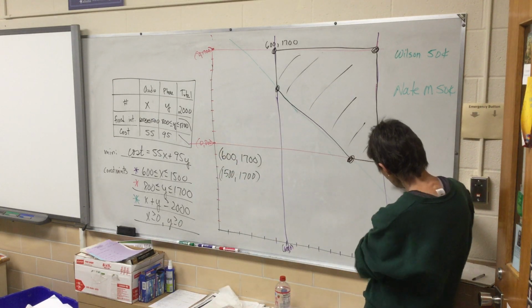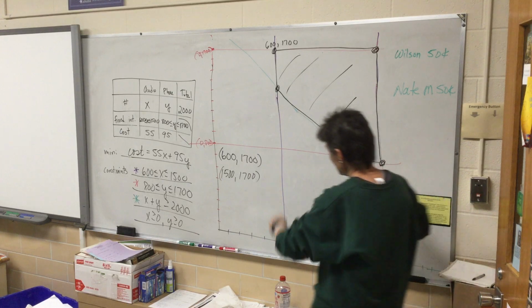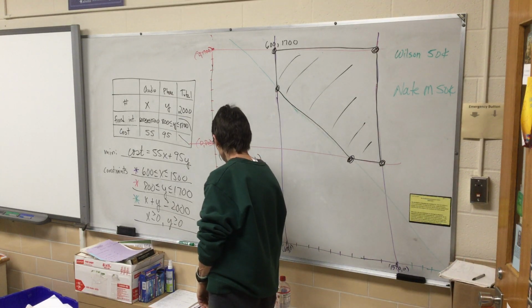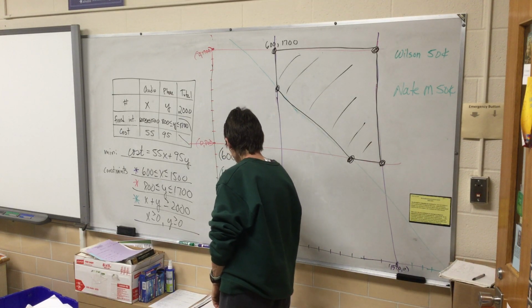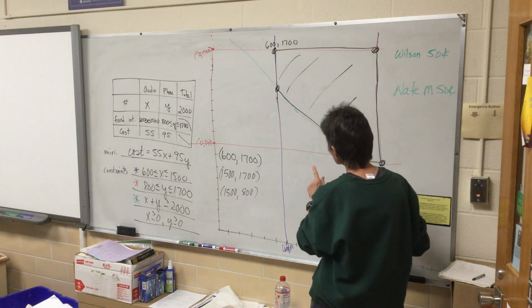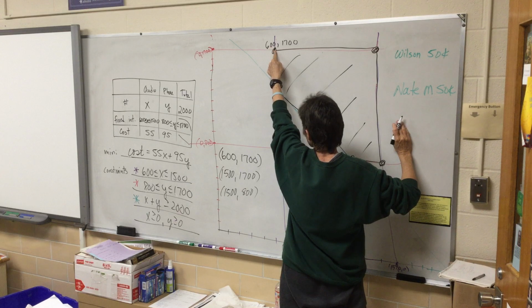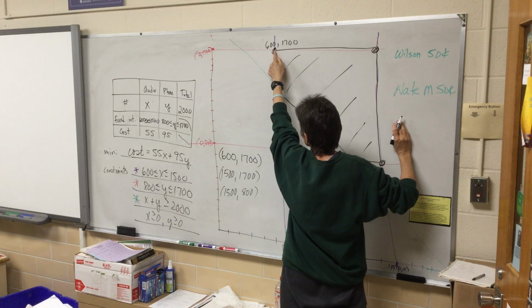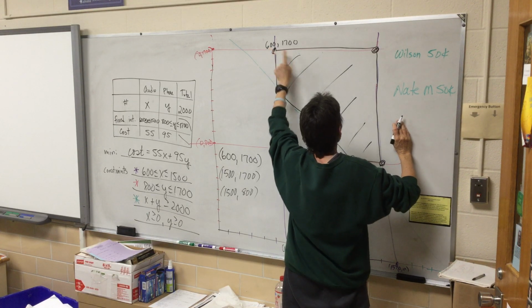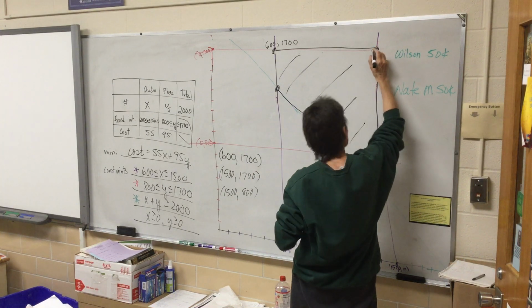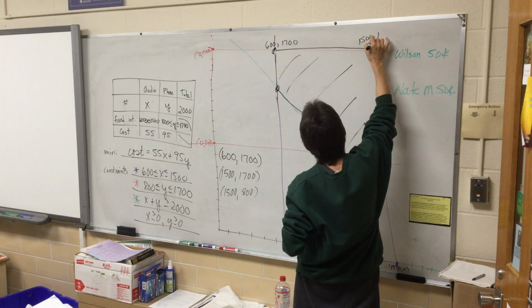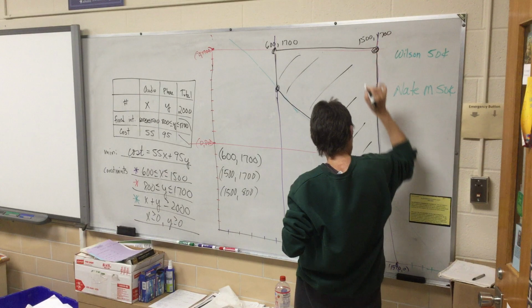And this one is 1500, 800. Now, these three points, kids, are places where the purple and the red come together. So that is actually the corner on your grid. That's how I knew that point and this point and this point.